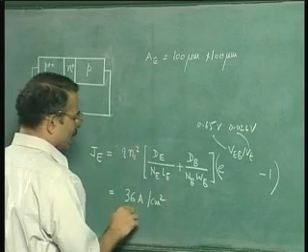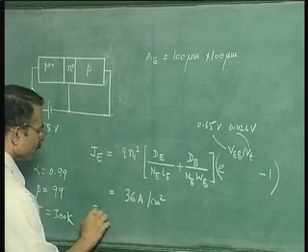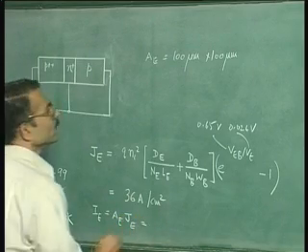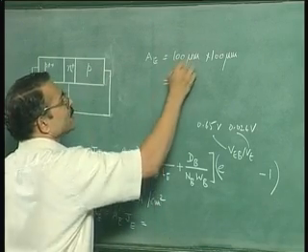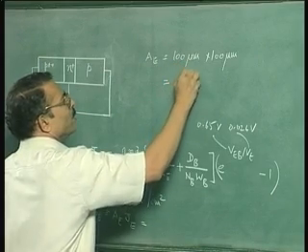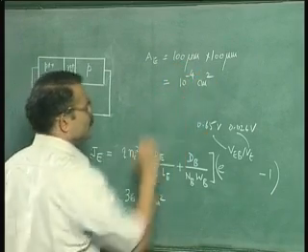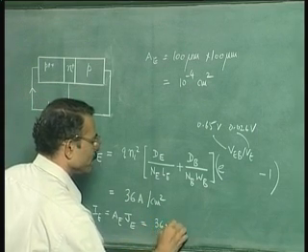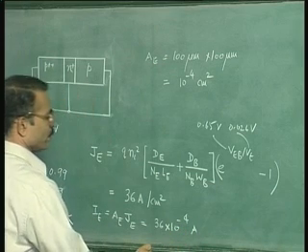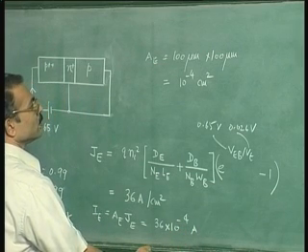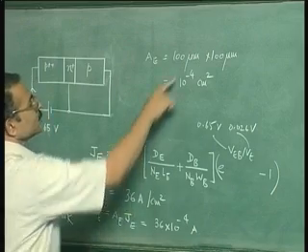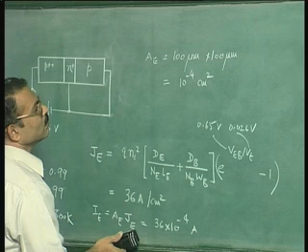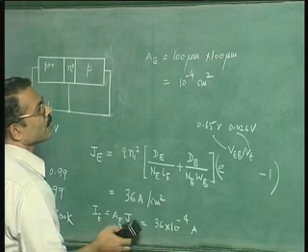If that is so, then the current would turn out to be IE equal to AE into JE, that is equal to, this is nothing but 10 power minus 4 centimeter square, that is 36 into 10 power minus 4 amperes, 100 microns, this is correct.